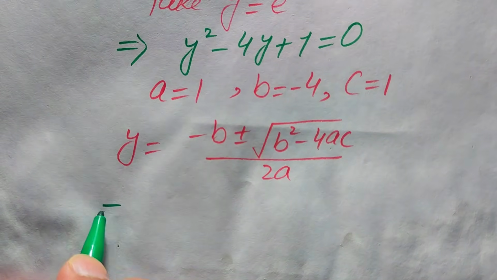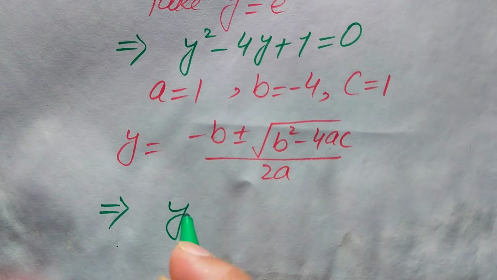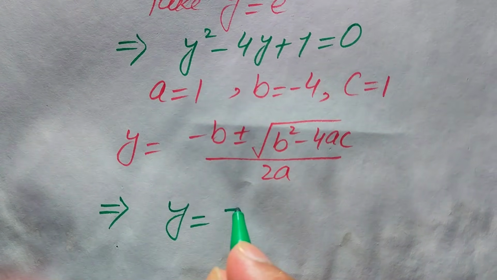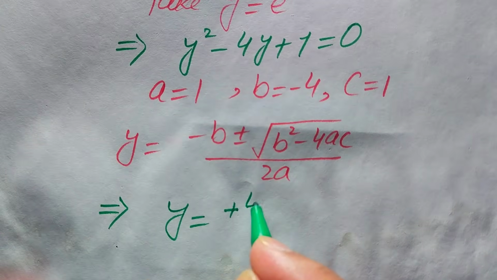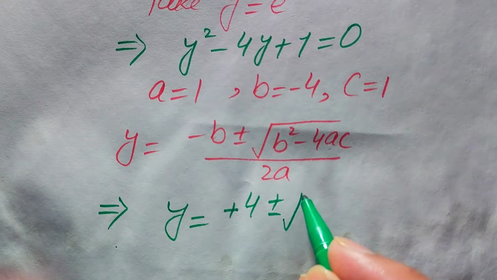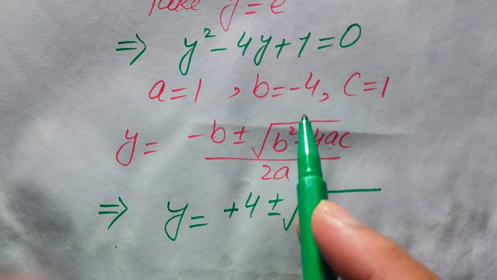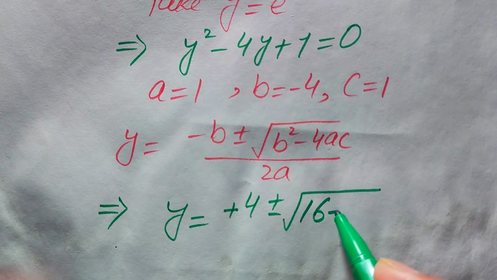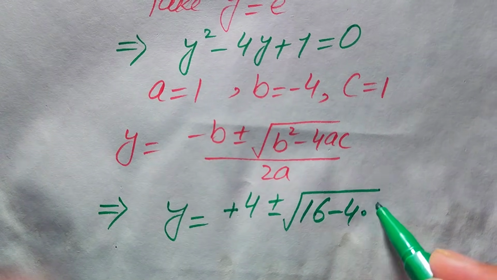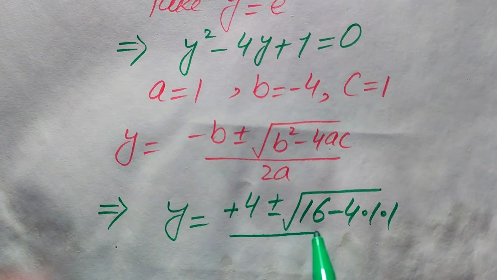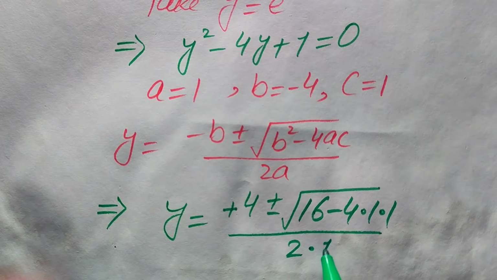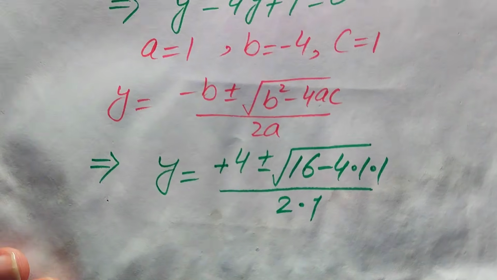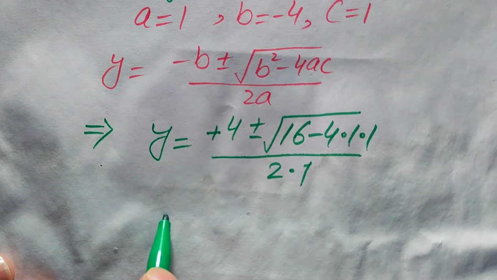When we substitute all these values, it is written as y equals minus b, where minus times minus becomes plus 4, plus minus square root of b squared. B is minus 4, and minus 4 squared becomes 16, minus 4 times a, which is 1, and c, which is 1, and it is divided by 2 times a, and our a is also equal to 1.